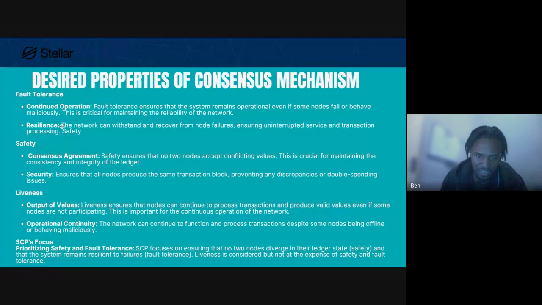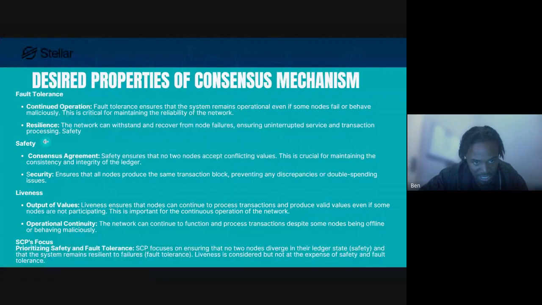You don't want it to have downtimes. So there has to be fault tolerance, continued operation. Fault tolerance ensures that the system remains operational even if some nodes fail or behave maliciously. This is critical for maintaining the reliability of the network.